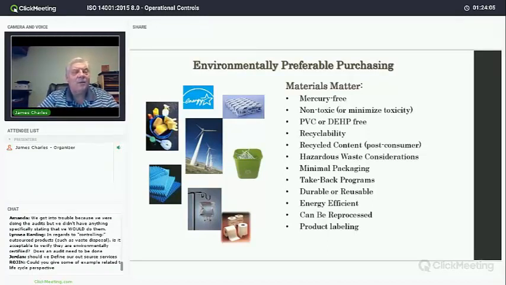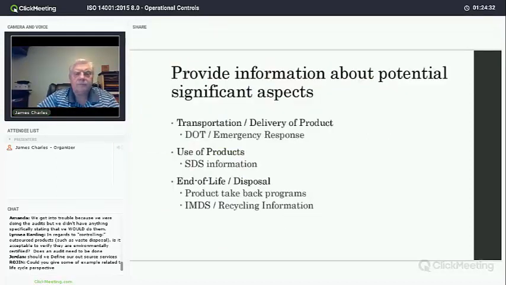Now, what's critical here is that when our purchasing department is asked the question, what are the environmental requirements of your purchasing process, that they're able to articulate that to the external auditor. So the first step is for you to come up with a picture of what they are, communicate that to your purchasing people, and make sure that we have some documented evidence that these things are being adhered to.